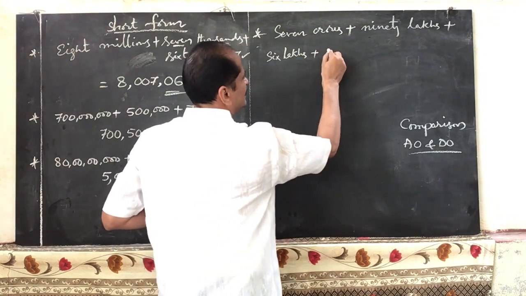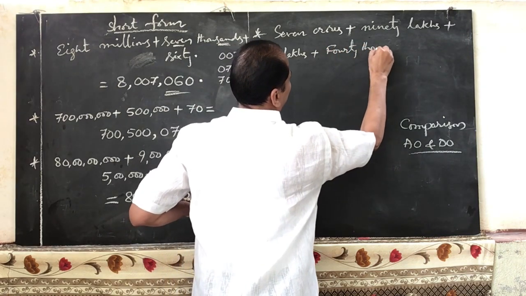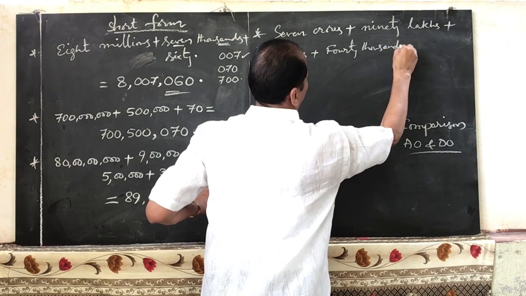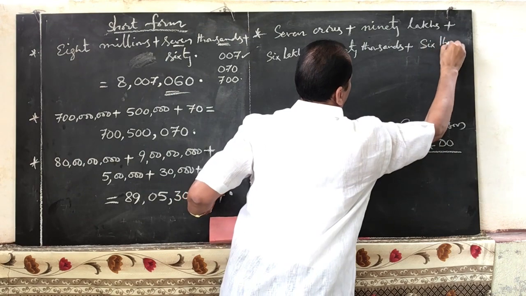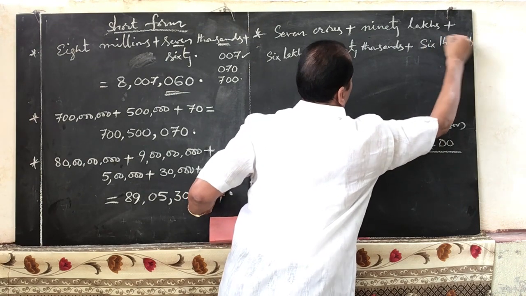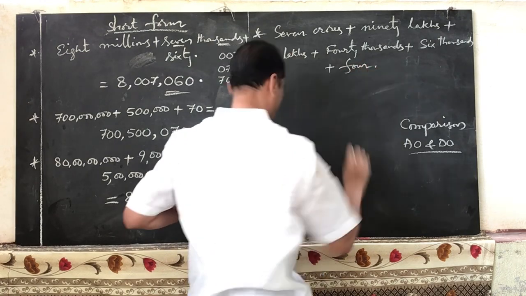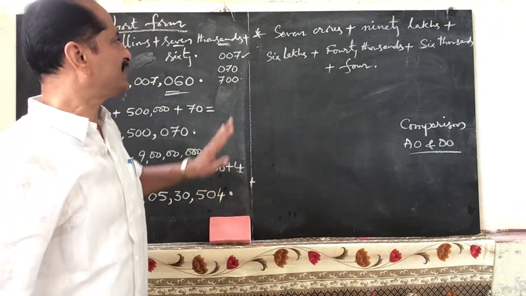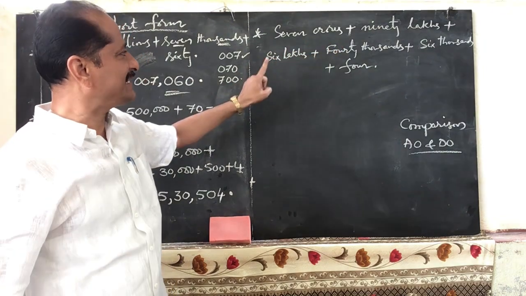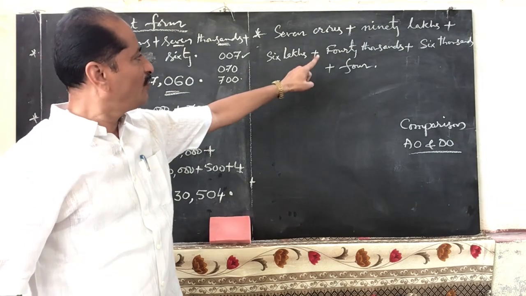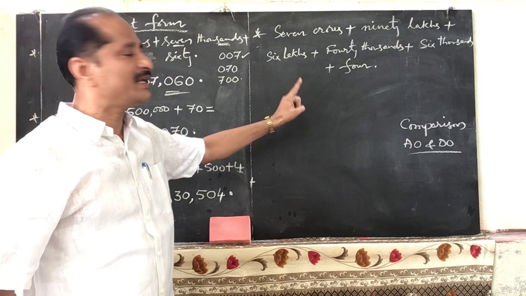So 40,000 plus 6,000 plus 4. So this is the number here given for us. 7 crores plus 90 lakhs plus 6 lakhs plus 40,000 plus 6,000 plus 4.